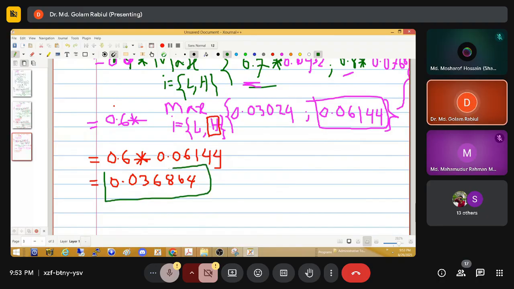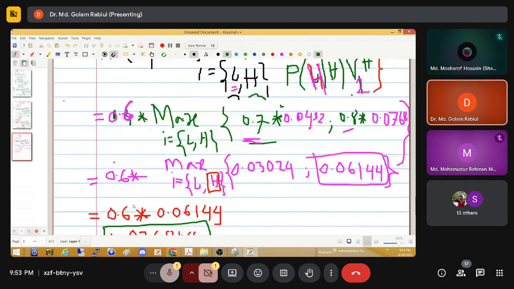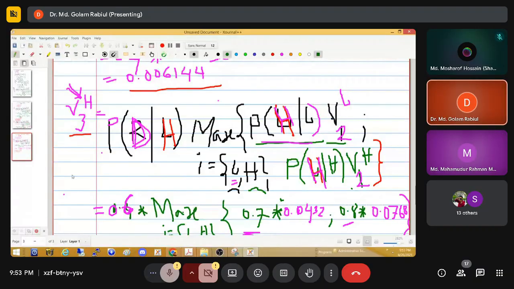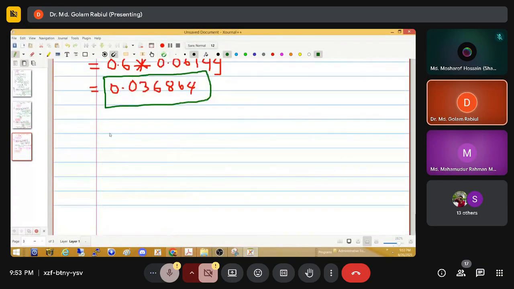Okay? That is, our V3H is greater than V3L. So which one is maximum? This one is maximum. So what's the value of K of the maximum?